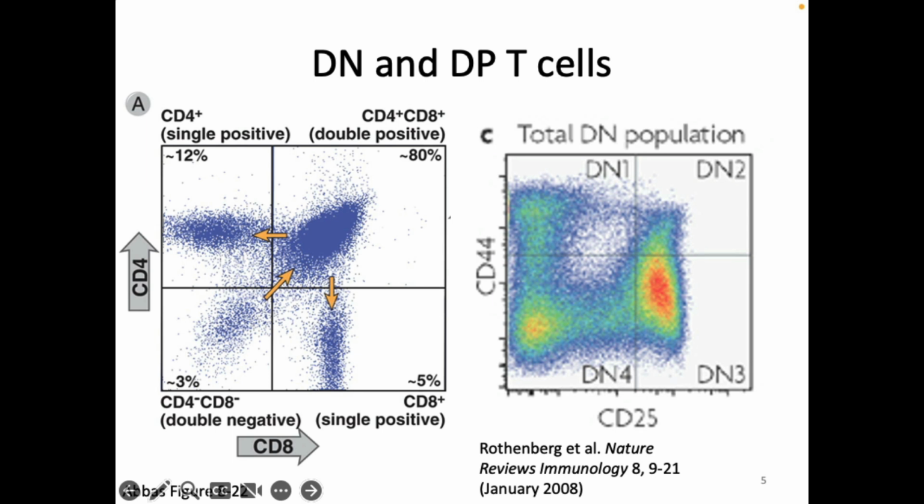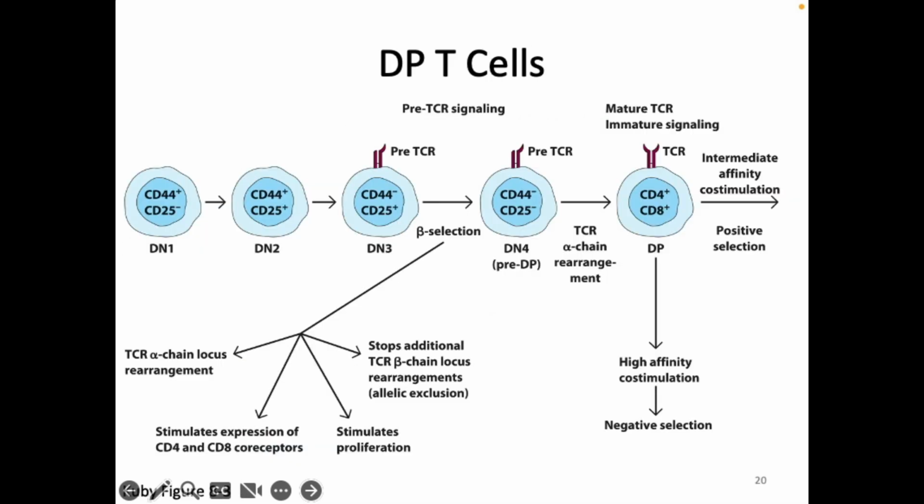What you can also notice is that once we get to our double positive, we're going to get our full T cell receptor with an alpha chain and a beta chain on the surface of the cell. When we are now totally 100% a double positive, what's the first thing that the cell is going to do when it makes a correct chain?